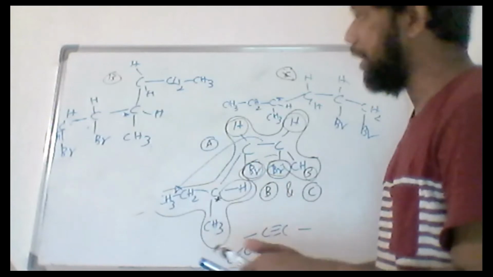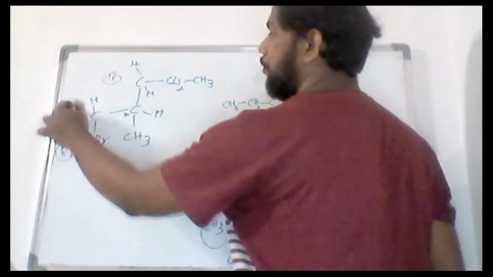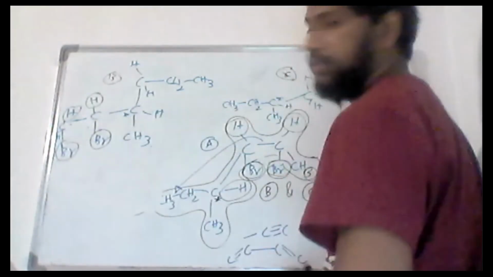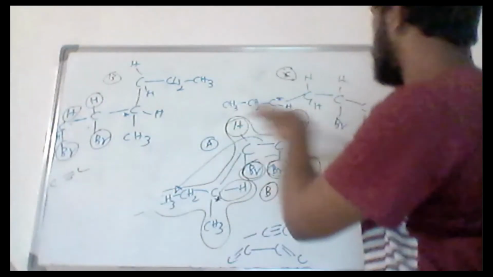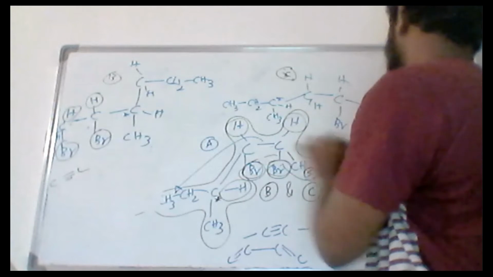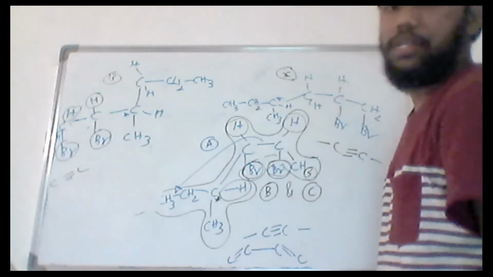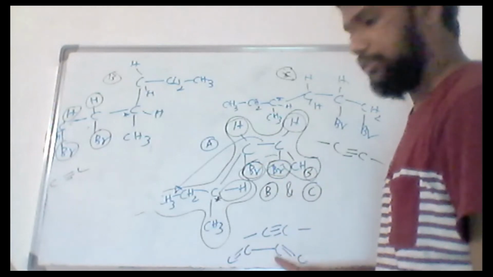where compound B, it should go with this one HBr, and it should go with this one. Okay, so in fact there will be a triple bond here, and here also there will be a triple bond in the skeleton. So this compound forms two double bonds.